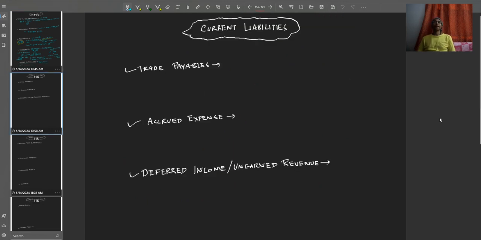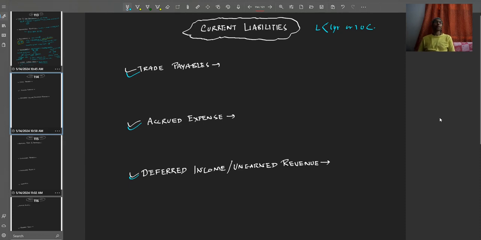Now we come to current liabilities. Current liabilities are basically those liabilities which have an exhaustion period of less than 1 year or less than one operating cycle. Within that, they have to be liquidated or paid off. The items under it are trade payables, accrued expenses, deferred income or unearned revenue.